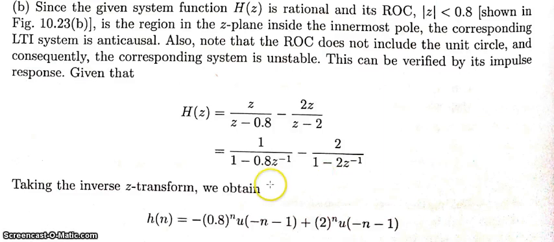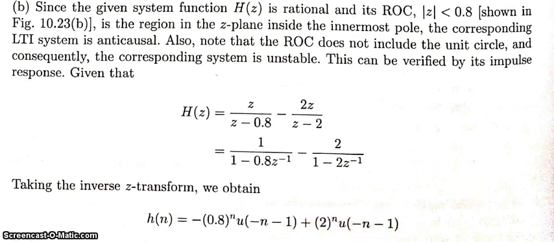Therefore, for the inverse of this H of z, both the sequences are to be left-sided. That is, on taking the inverse, h of n is minus 0.8 raised to n into u of minus n minus 1 plus 2 into 2 raised to n into u of minus n minus 1.